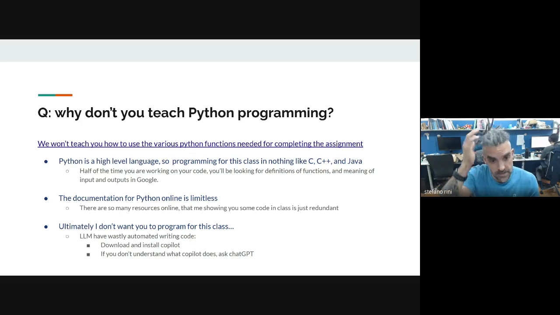First of all, Python is a very high-level language. When you call a Python function, there are many low-level operations that take place that are completely out of your control. And that's the beauty and the curse of Python. It's a beauty because with a couple of lines, you can train a neural network with hundreds of millions of parameters.